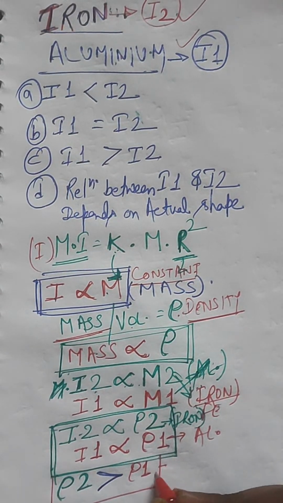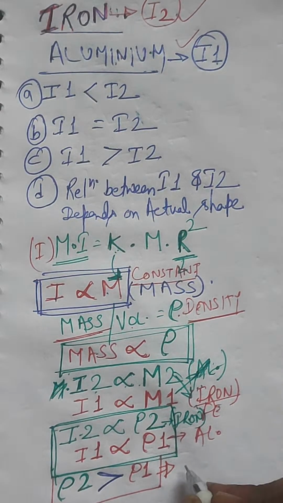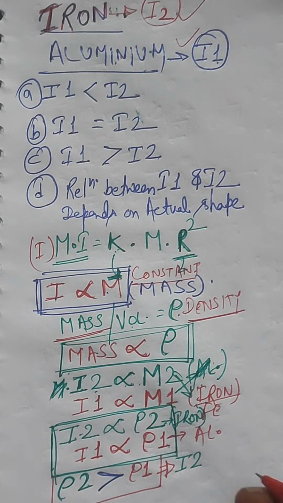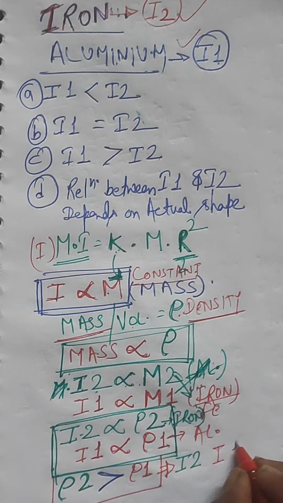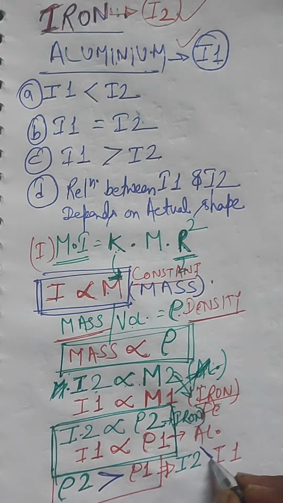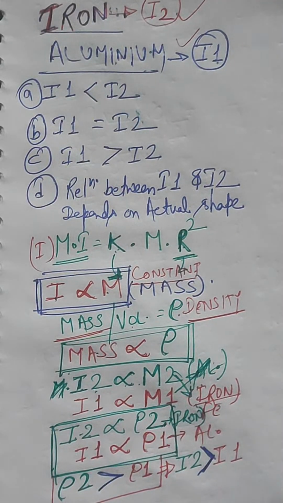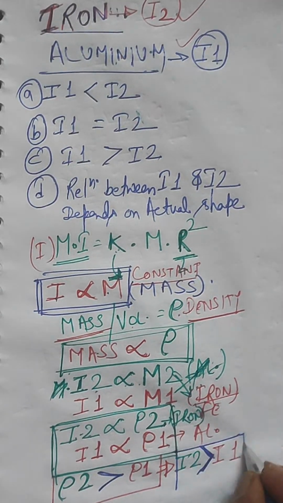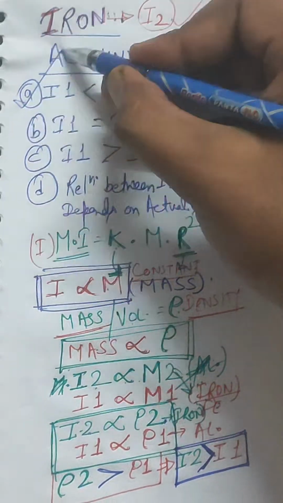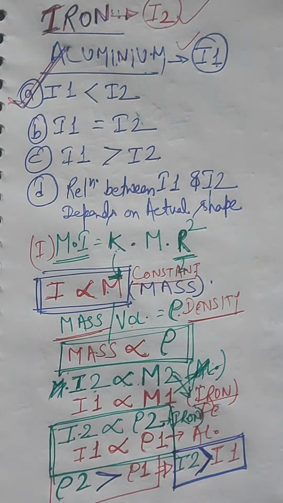This implies that I2 is greater than I1, because rho 2 is greater than rho 1 and I is directly proportional to rho. So in this way we have our answer, I2 greater than I1. So option number A is correct.